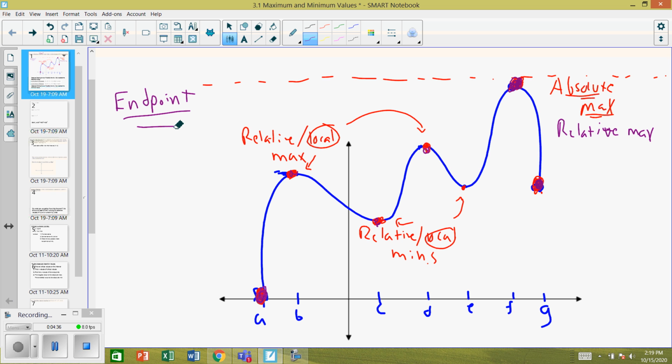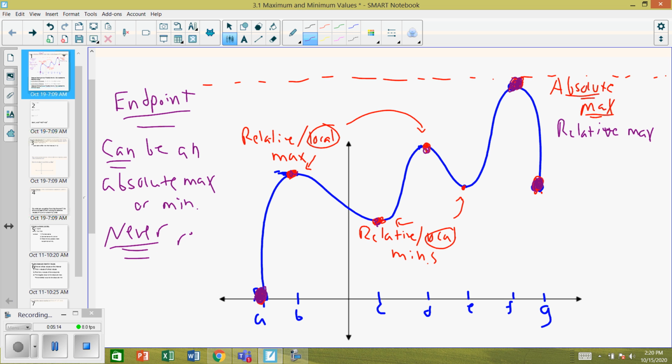Okay, let's put it this way: endpoints can be, keyword emphasis on can be, an absolute max or min. Never relative.